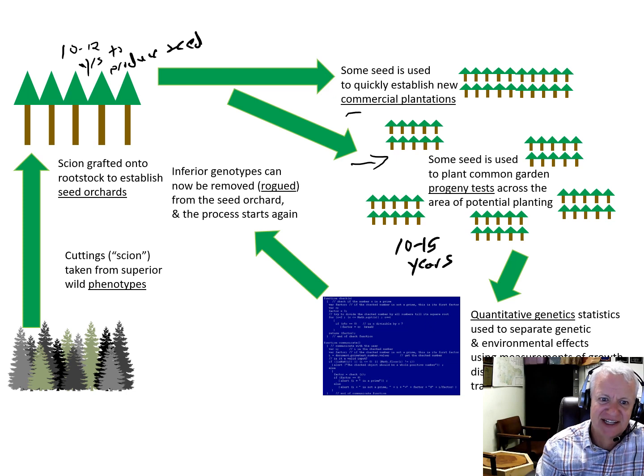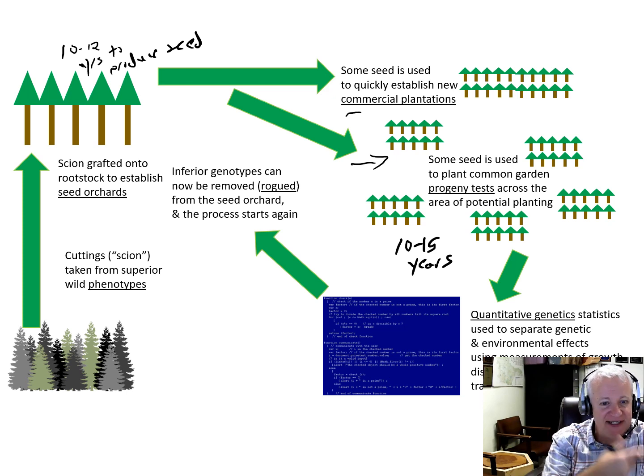So this is a long-term process for forest trees just because of their biology. They're long-lived species. They don't reproductively mature for quite some time, and that causes this to be a slow process.